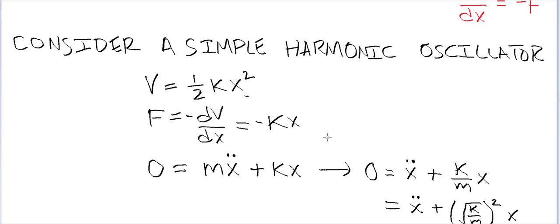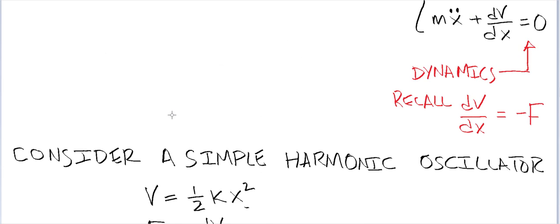And we'll use that now as we consider a simple harmonic oscillator. So here, the spring potential is just half kx squared, and so the force is minus kx, right? The derivative of this with respect to x would be 2 over 2 times kx, and then negated is F, so minus kx.